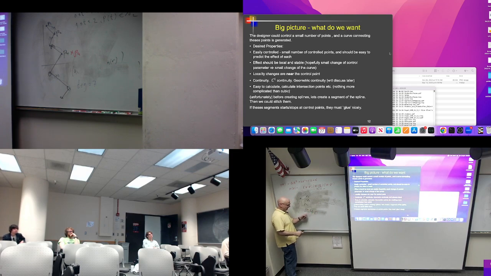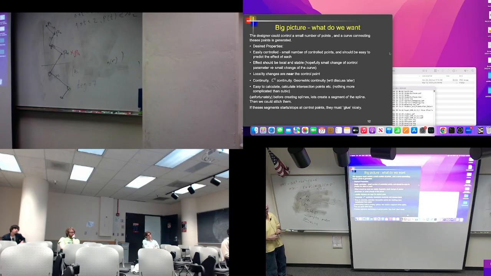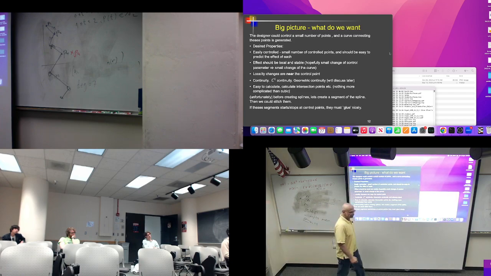The Wi's are weights, all positive, and the sum of these weights is 1, what we call a convex combination. What's the shape that I'm getting when I consider all possible weights for this set of points? Remember?